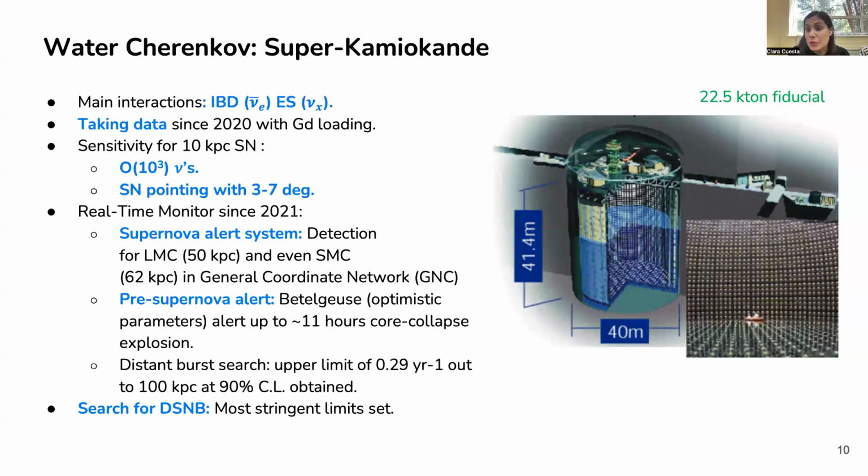It could give information on pointing with a few degrees resolution, and has a supernova alert system sensitive farther away than the Large Magellanic Cloud, and an alert based on pre-supernova neutrinos that could alert even hours before the core collapse explosion. Super-K has set to date the most stringent limits on the diffuse supernova neutrino background.